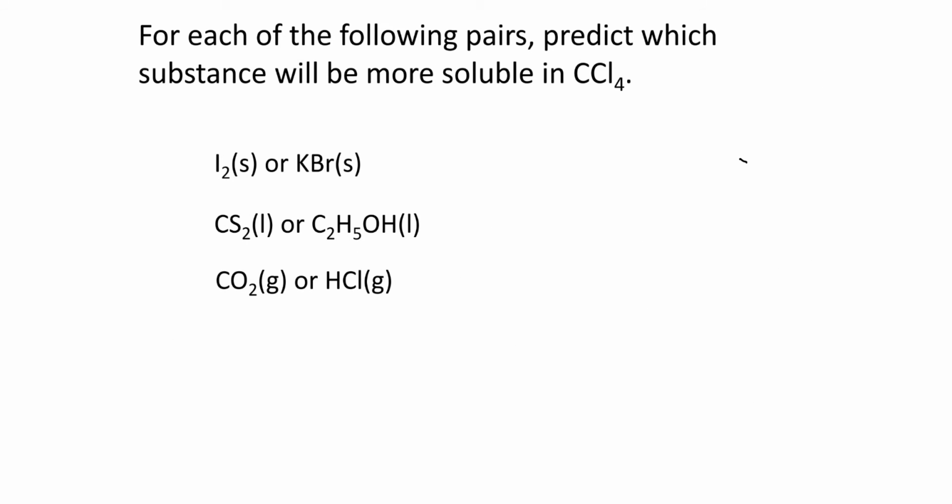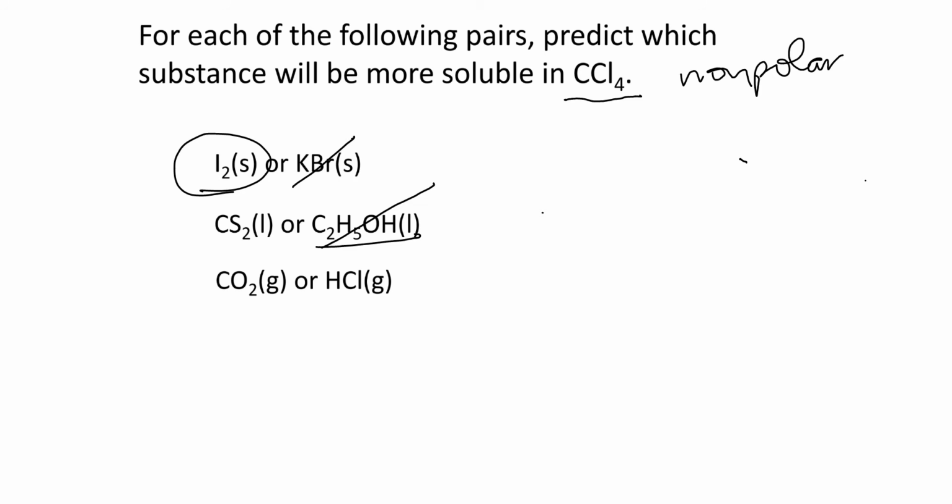These might dissolve better in carbon tetrachloride. Well, carbon tetrachloride is nonpolar, so we are going to look for the opposite, things that are mostly nonpolar. Potassium bromide is ionic, therefore it will be nonpolar iodine. Ethanol is polar with hydrogen bonding, therefore it's going to be carbon disulfide.